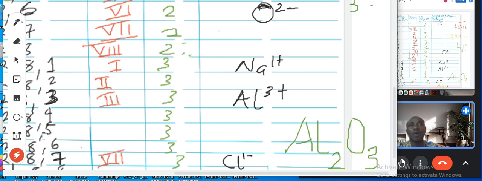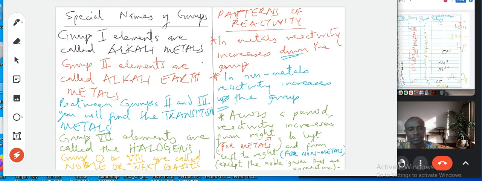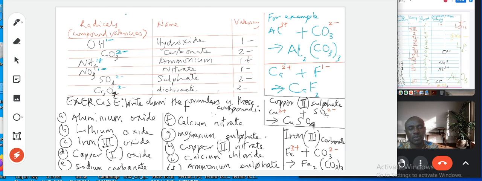Some compounds have multiple valencies. In other words, before I talk about the compounds that have multiple valencies, let's talk about compound valencies. Go to page 7 of 20.